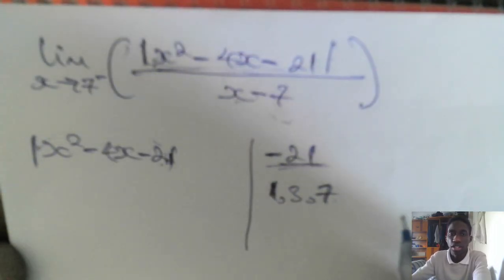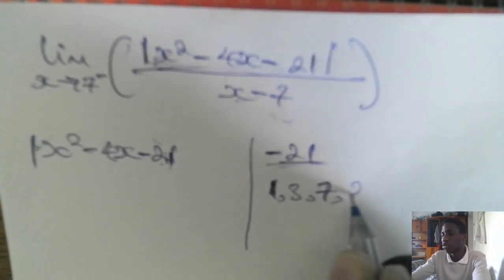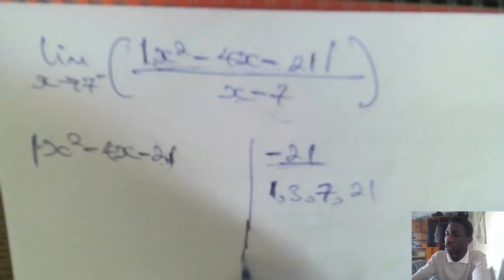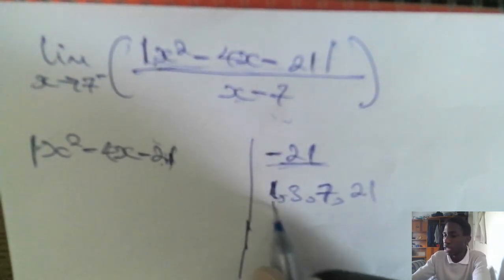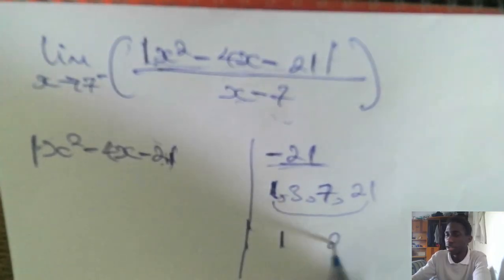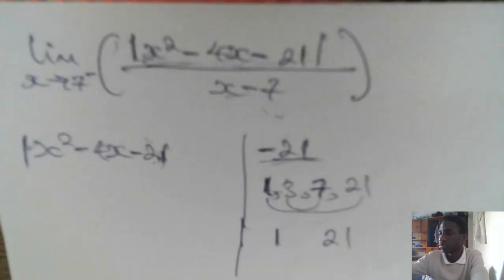I'm not seeing anything that can give us 21 again, apart from 21 itself. So these are the factors. Next, you find the pairs that multiply to give 21, like 1 and 21, and 3 and 7 multiply to give 21.